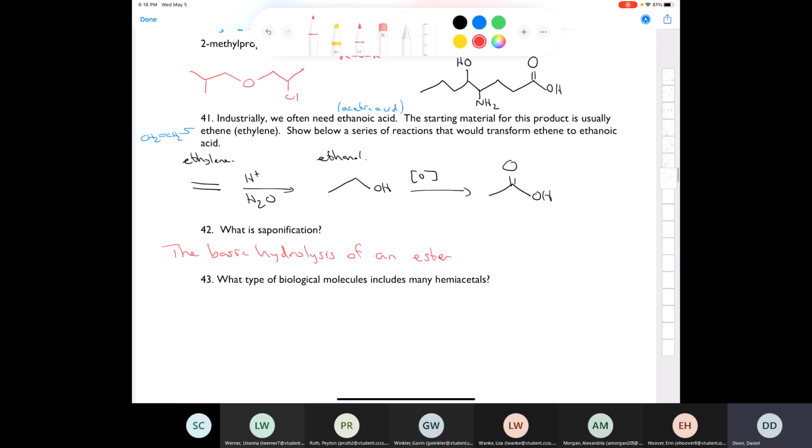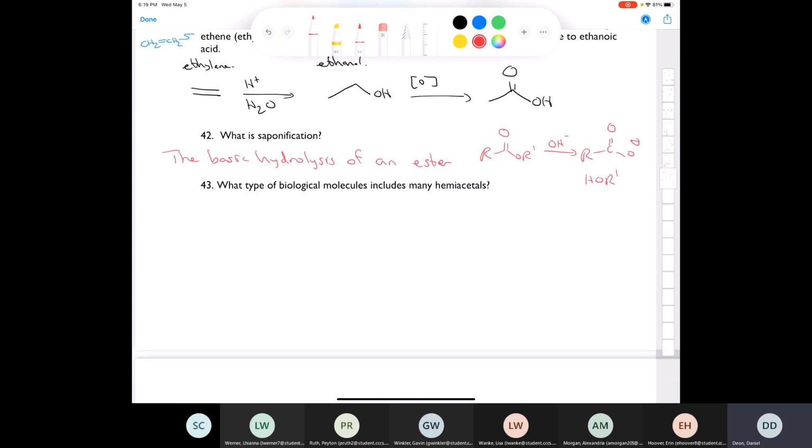Okay, that's all it is. Right, if you take an ester like this, you treat it with hydroxide, what do you end up with? You end up with a carboxylate, and you end up with an alcohol. That's it, my friends. What type of biological molecules may include a hemiacetal?